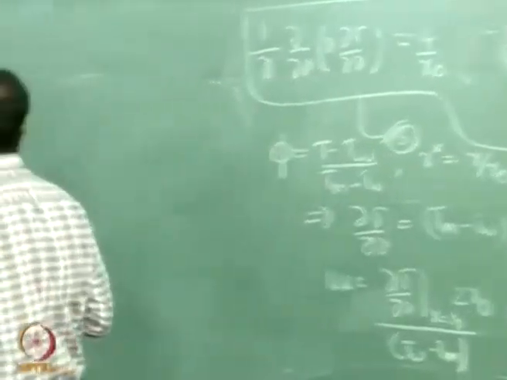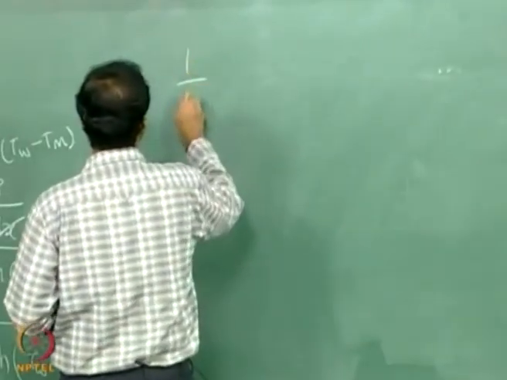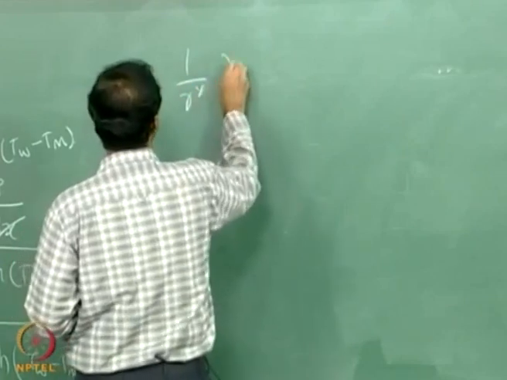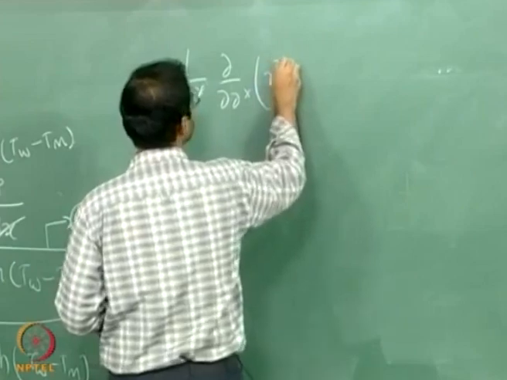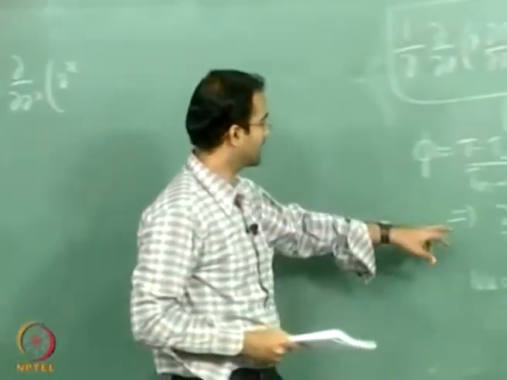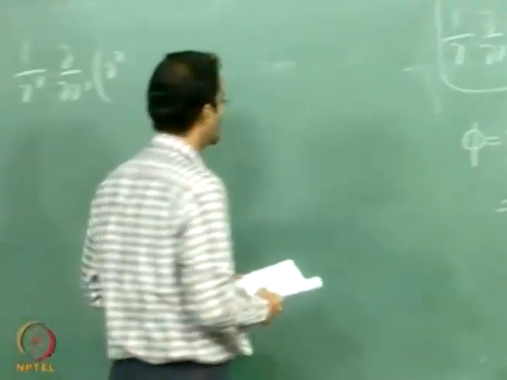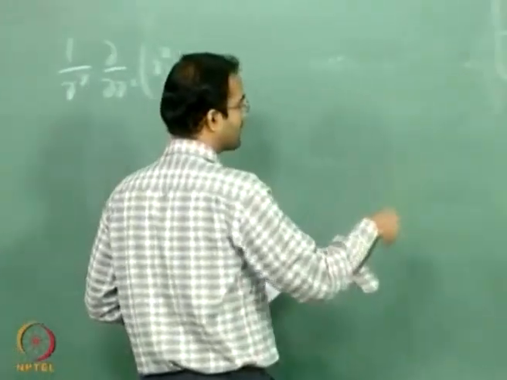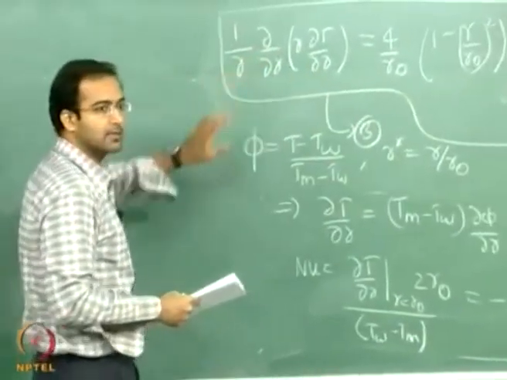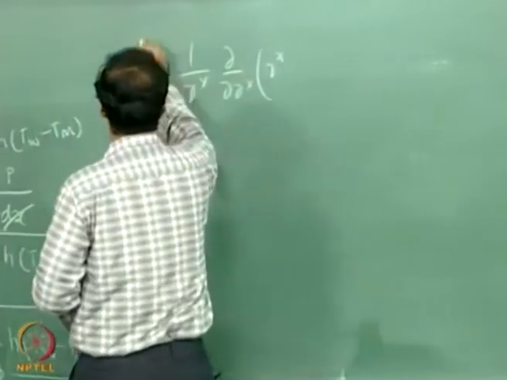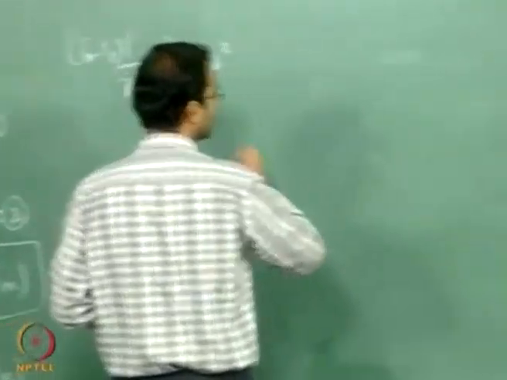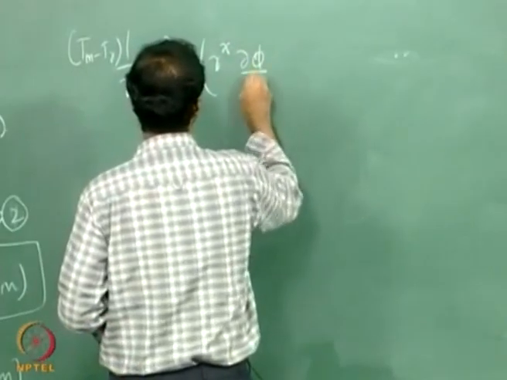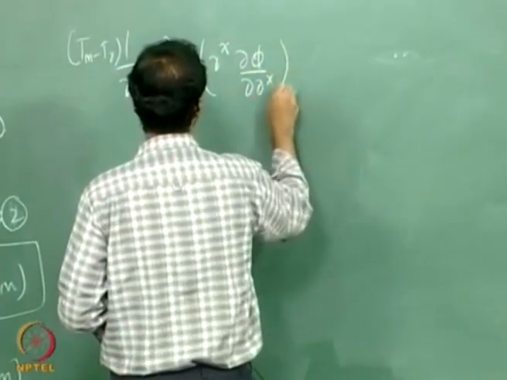So what do I get? I can write this as 1 by r star d by dr star of r star. Now for dT by dr I can substitute Tm minus T wall. Tm minus T wall is a function of only x, so that can be taken outside the derivative. So I have Tm minus T wall into d phi by dr star.